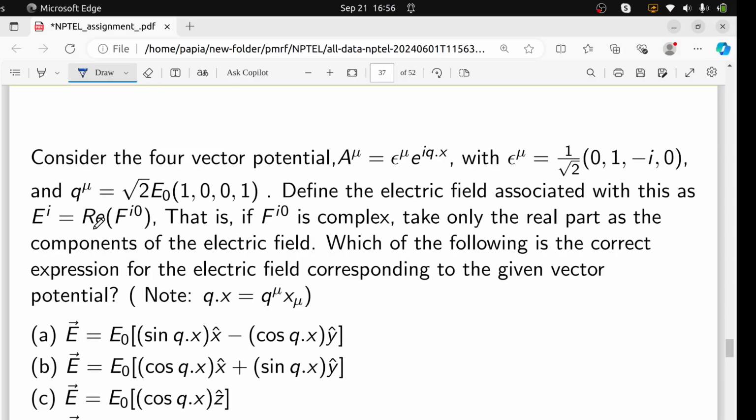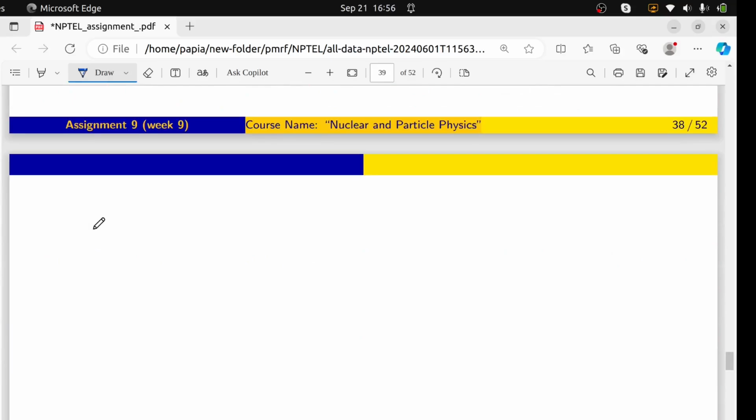If I can get Ex, Ey and Ez, then obviously we will know the value of the E vector, because the E vector is E1 i cap plus E2 j cap plus E3 k cap. So first of all, our main aim is to find Fi0, and then Ei is equal to the real part of Fi0. So Fi0 means what?